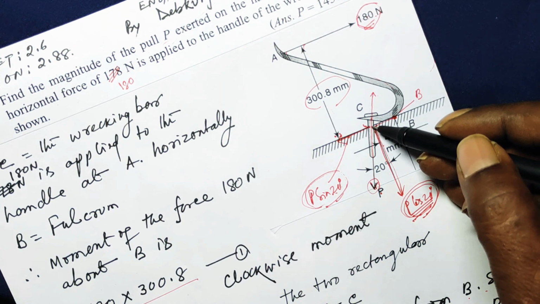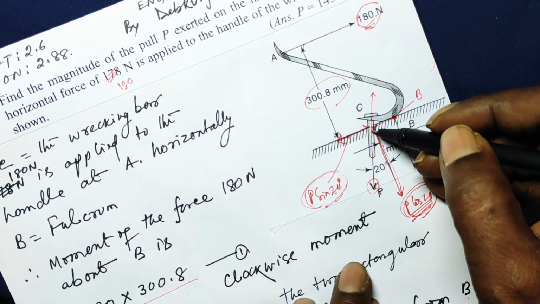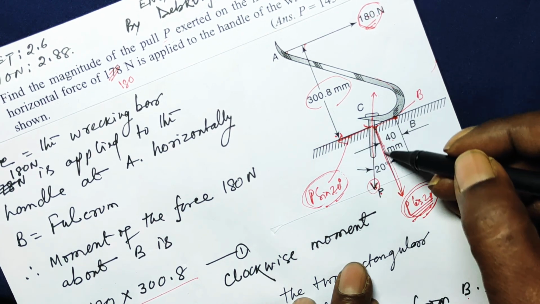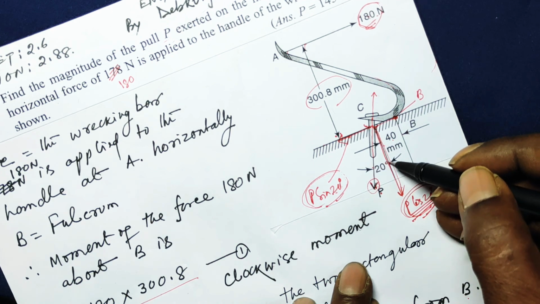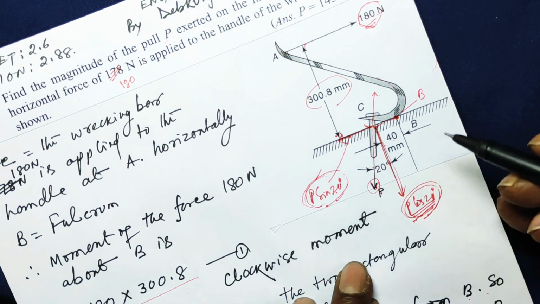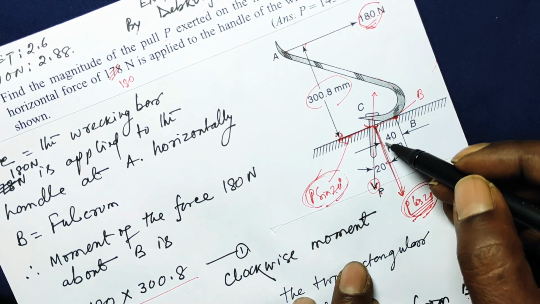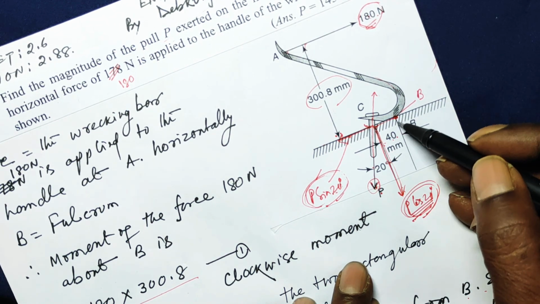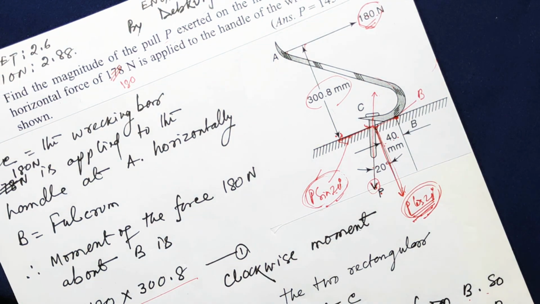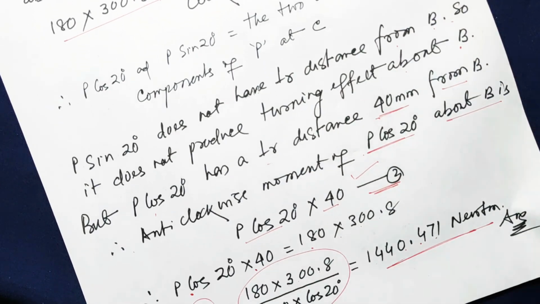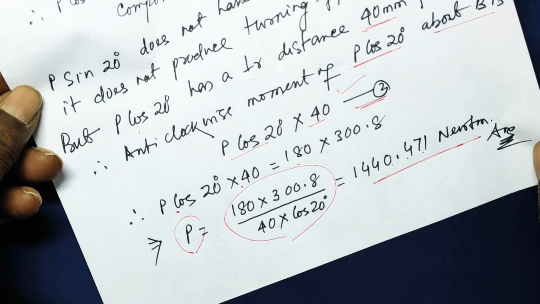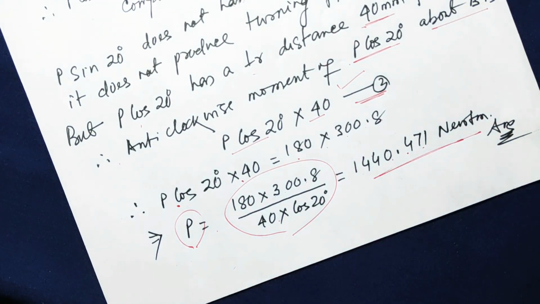But here, if you take this as the direction of the pulling force, one component is P sin 20, and the other will be P cos 20, because this angle is given as 20. P sin 20 passes through the point B, so it does not have a turning effect. P cos 20 has a perpendicular distance of 40 mm, so it has a turning effect about point B. So both are equal and opposite, so that gives us P equal to 1440.471 Newton.